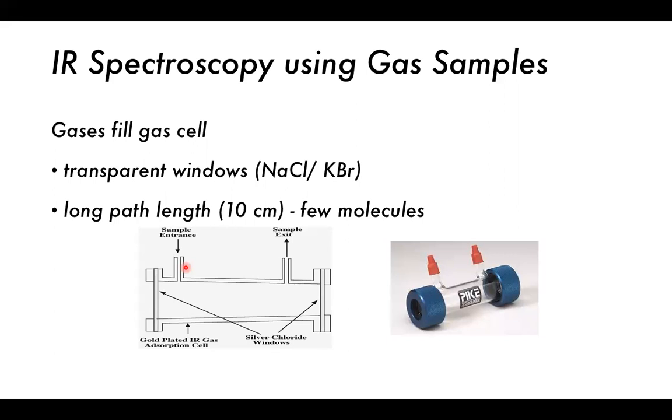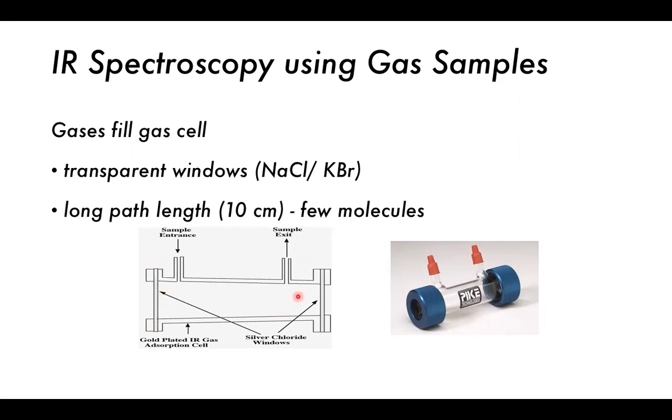We could measure the hydrocarbon, and then as we start to introduce hydrogen gas into the reaction vessel, we can pass our products through here, from the sample entrance through the sample exit, and measure that as a function of time. Or we can just put a gas sample in here and measure. That's probably the easier way to do it.